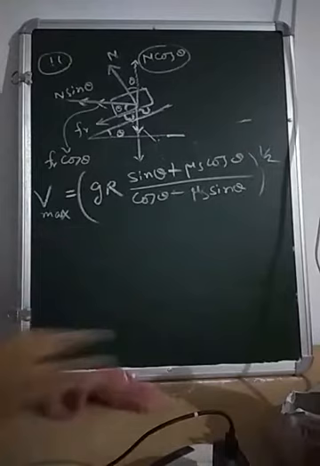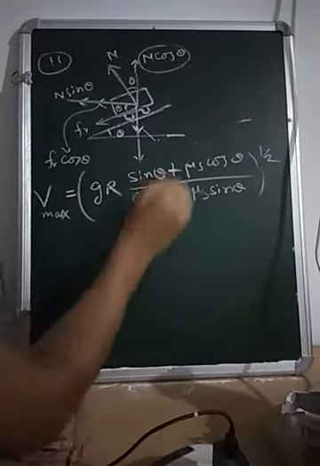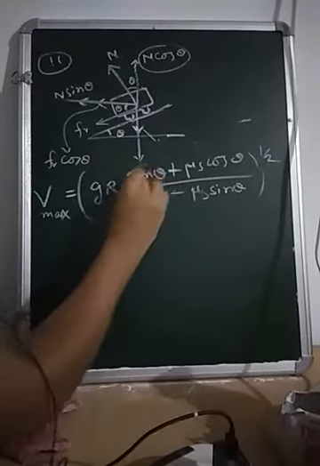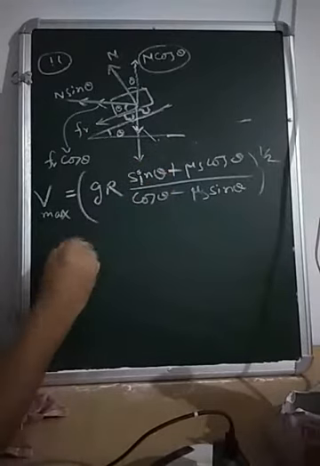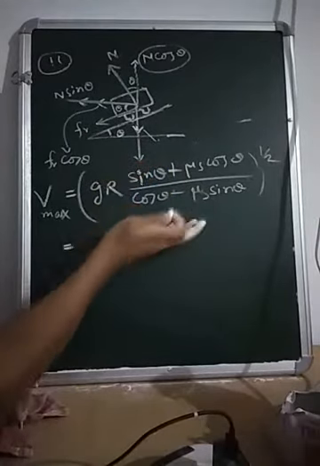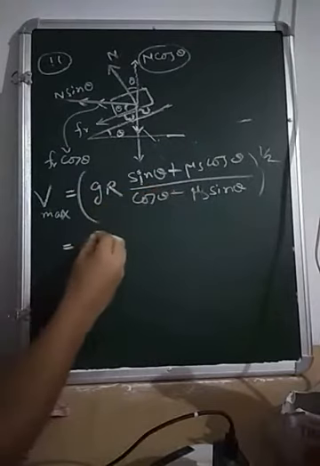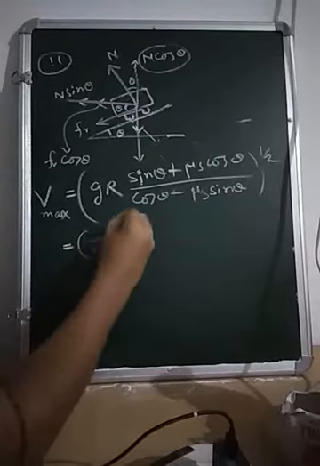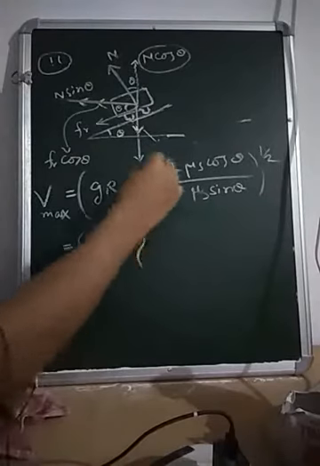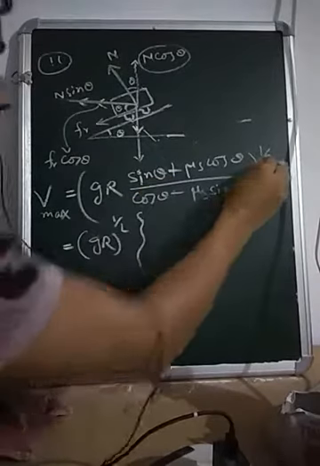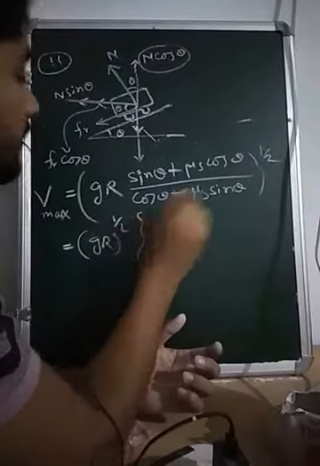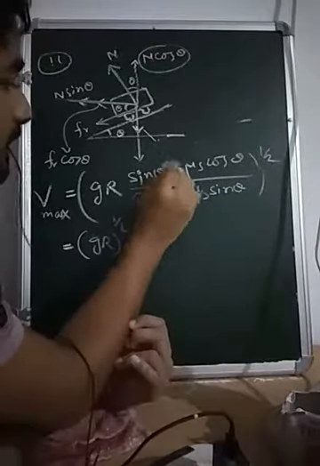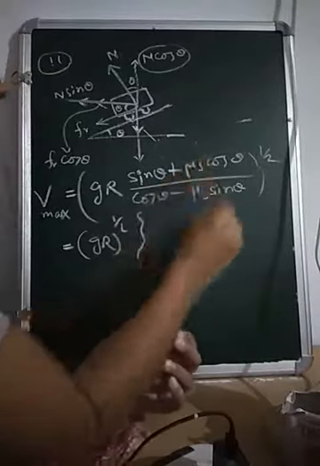Now what we do? We divide both numerator and denominator by cos theta.